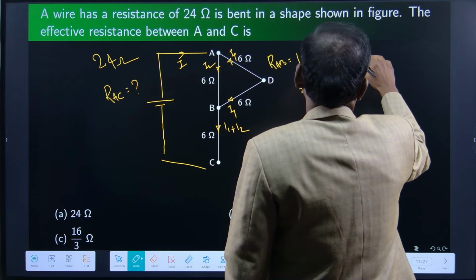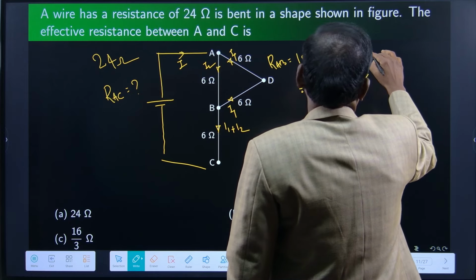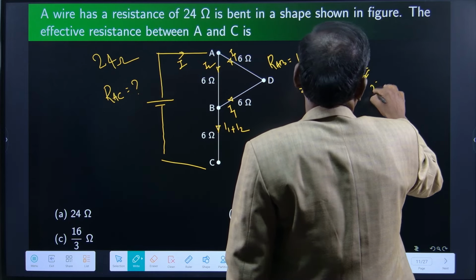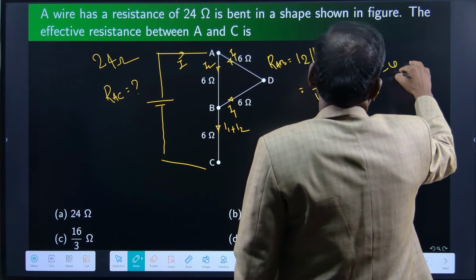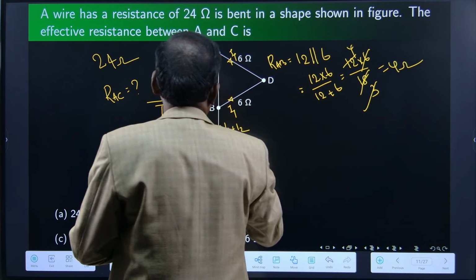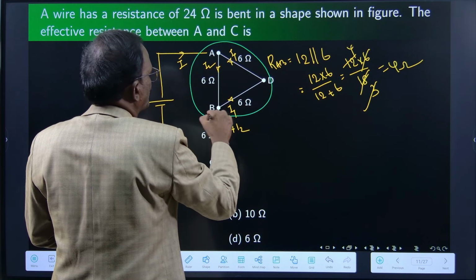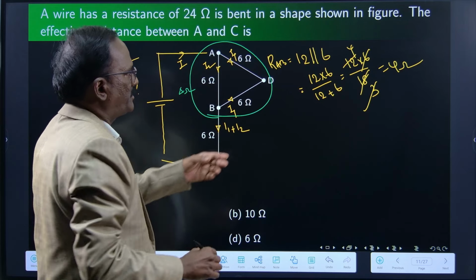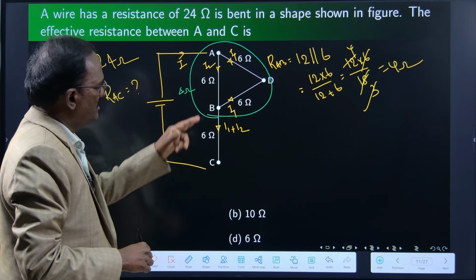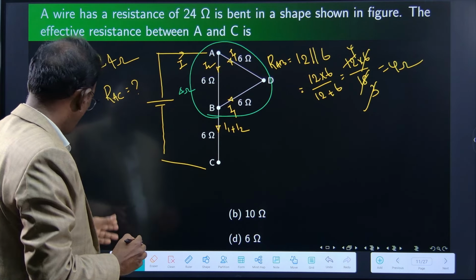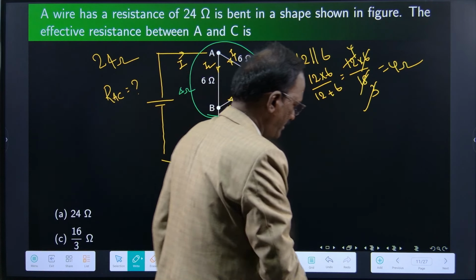So 12 into 6 divided by 18. This is 3 times and this is 4. So this part is giving us 4 ohms. Then 4 plus 6, 10 ohms. 10 ohm is the answer. Option B.